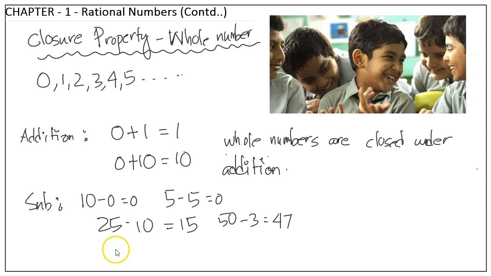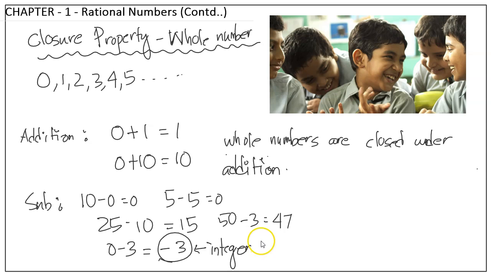But of course when you do, let's say, 0 minus 3, what happens? This becomes minus 3, right? So when you say minus 3, this is not a whole number, right? Because this is a negative number, it comes under integers. Yes, it is an integer, but it is not a whole number.